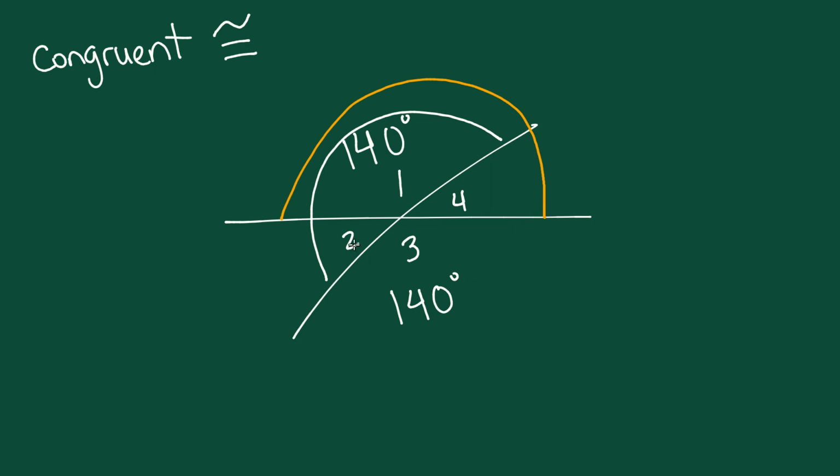So therefore, if we wanted to solve for angle 2 or angle 4, all we would need to do is subtract 180 degrees minus angle 1, which would be 40 degrees. So angles 2 and 4 are both 40 degrees.